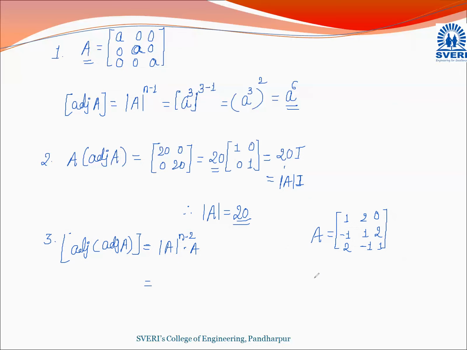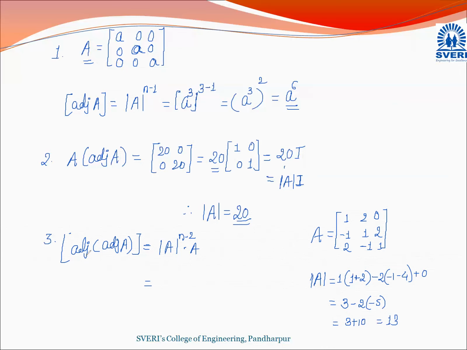Now find out its determinant. The determinant of matrix A, we are getting 1 in bracket 1 into 1, 1 minus 2, it will be plus 2, minus 2 in bracket minus 1 minus 4, and the last element is 0, which is equal to 3 minus 2 into minus 5, which is equal to 3 plus 10, it is 13.